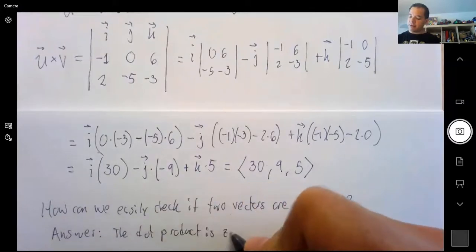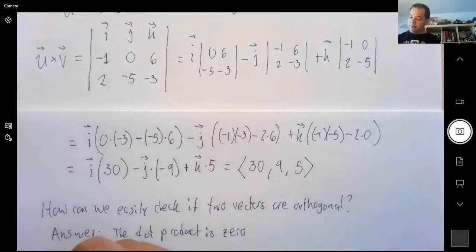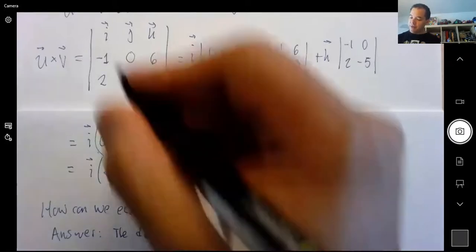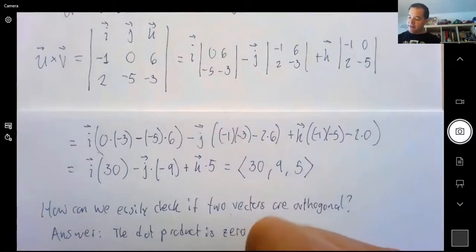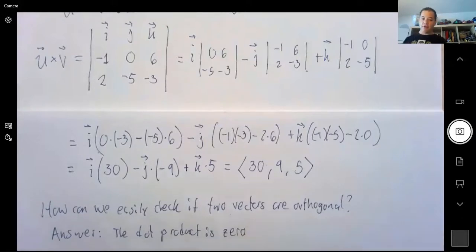So let's check the dot product. What would be the dot product of u with this one, 30, 9, 5? Let's recall that u is -1, 0, 6. And we're doing the dot product with 30, 9, 5. The dot product is easy, right?